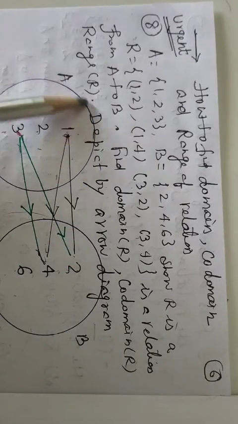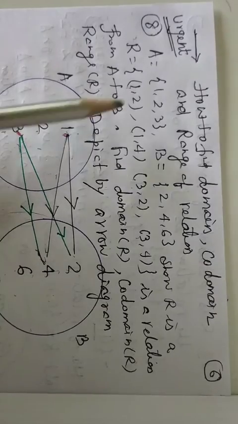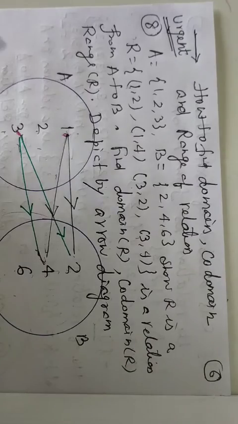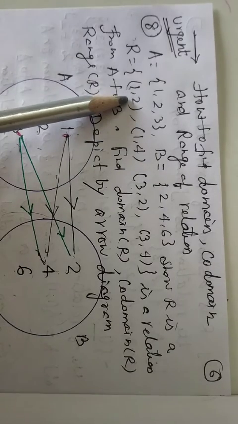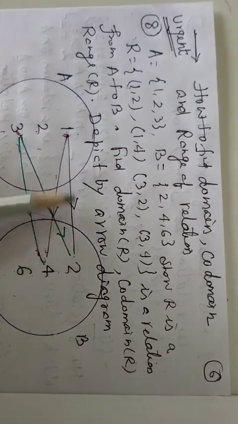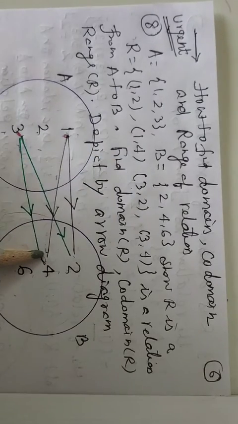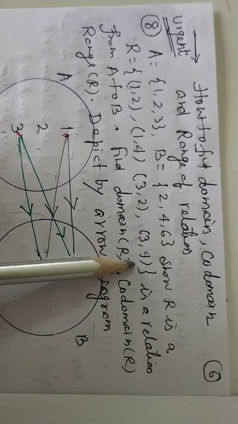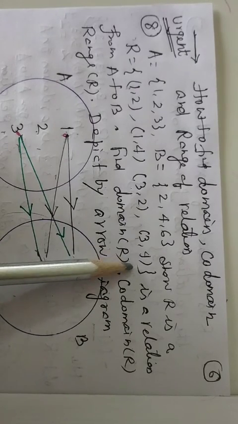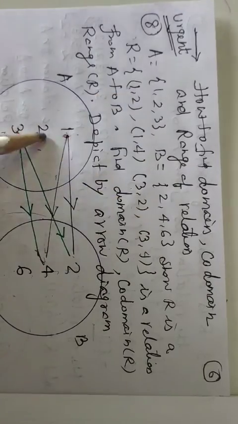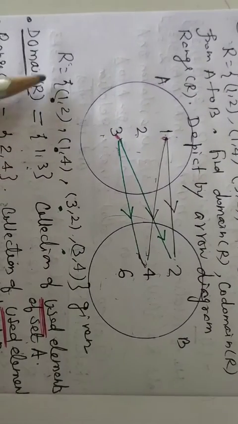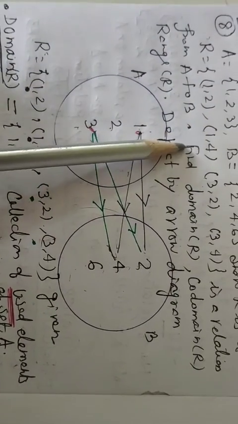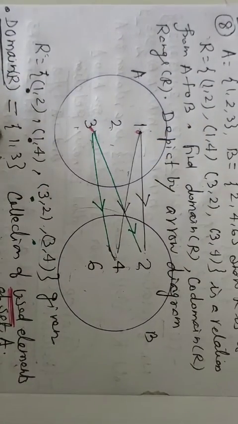Now for A and B, write 1 2 3 in A, 2 4 6 in B, but follow the instruction. 1 is going to 2, only mark 1 going to 2 and 1 going to 4. Stop. 3 is going to 2 and 3 is going to 4. Nothing more else. Remember it. According to the instruction you have to move. Now R is equal to what is already written here: 1 2, 1 4, 3 2, 3 4.